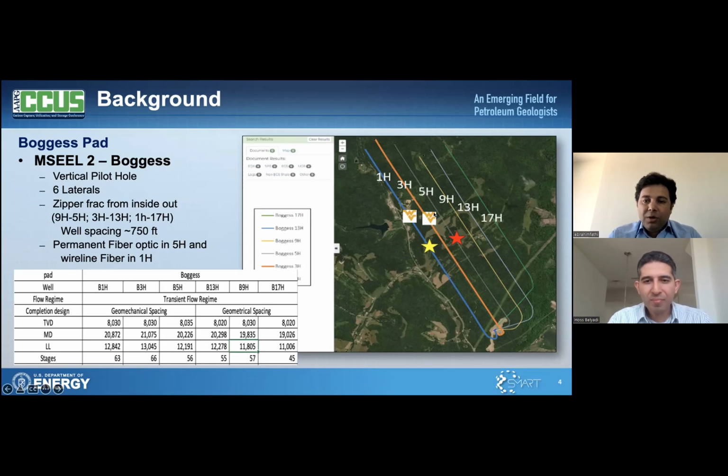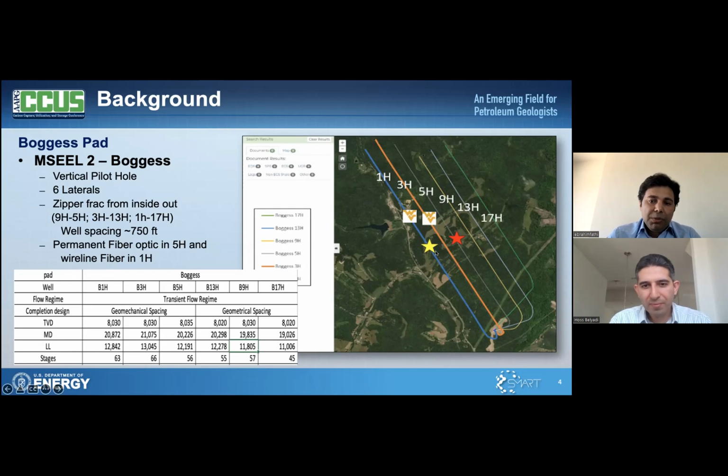We had permanent fiber optics installed in 5H. And then we have a cable in the 1H, fiber optics deployed, with which we monitor DTS, distributed temperature sensing, DAS, distributed acoustic sensing, and DSS, distributed strain sensing, of the activities while we are fracking 5H and 9H.